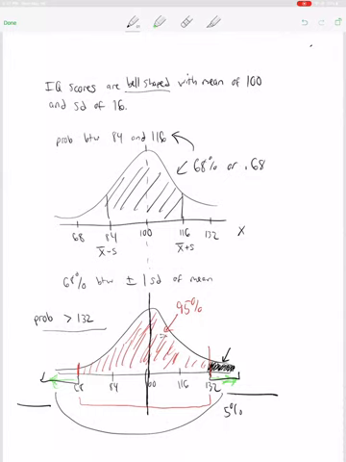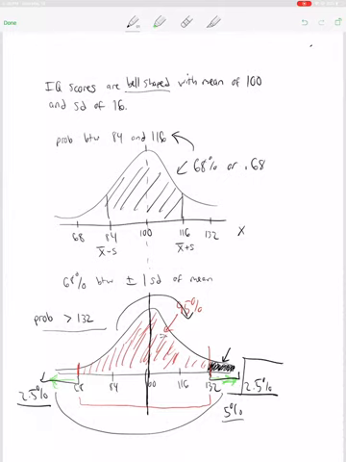Because I can flip one side of this picture over and put it on the other side, and it should look exactly the same. Because that's true, I know that half of this 5% should go over here. So 2.5%. 5 divided by 2 is 2.5. And over here is also 2.5%.